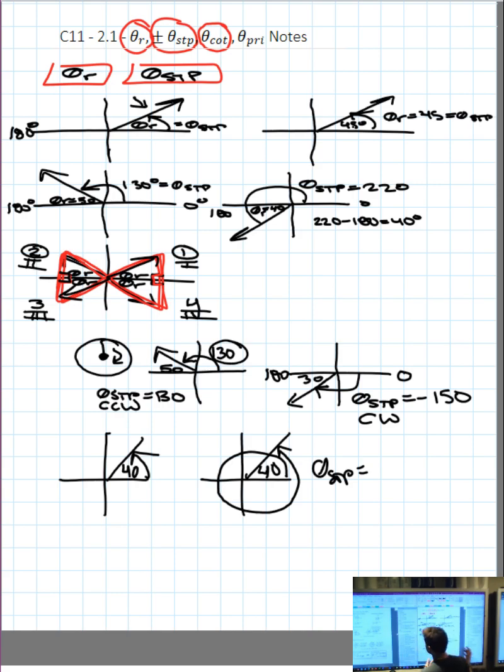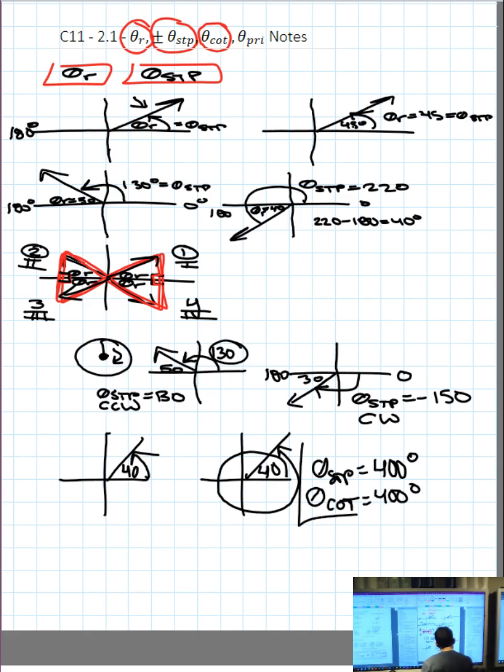We're 40 past 360, so 40 past 360 is 360 plus 40. Theta STP is in the positive direction. Theta STP equals 400 degrees. Now, that STP is also called something different. Theta coterminal equals 400 degrees.